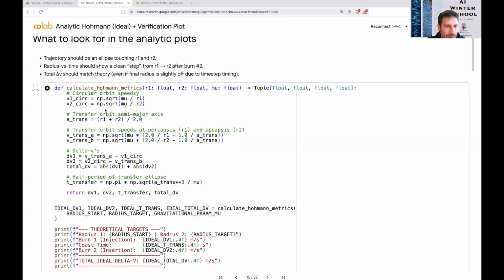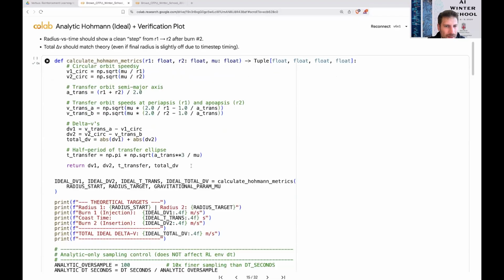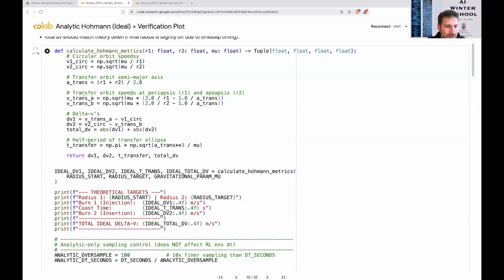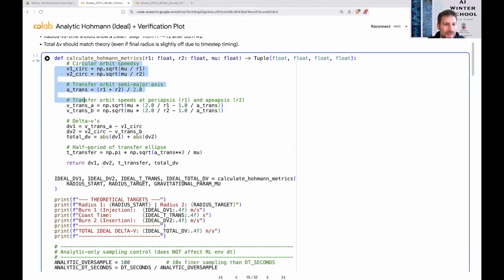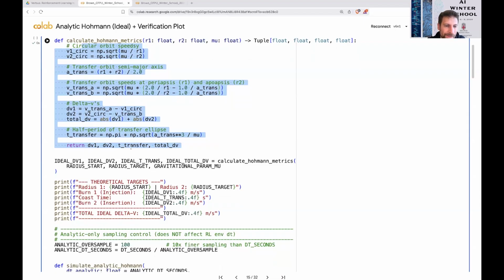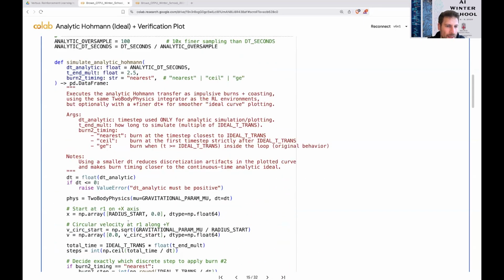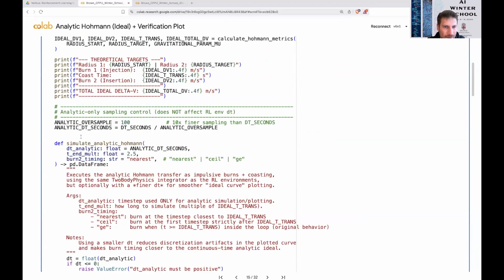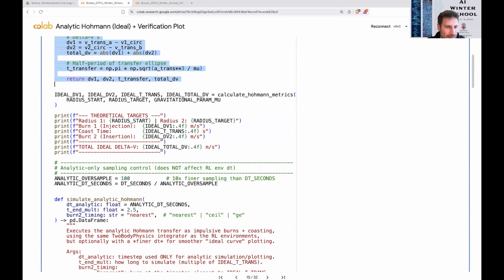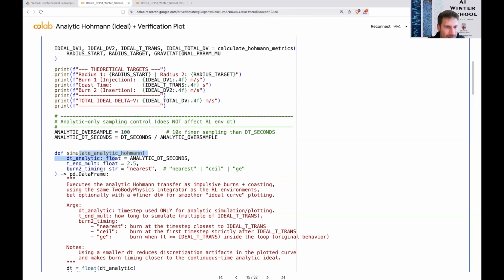The way we do that here is this method uses the analytic solution for knowing when to burn and how big to burn with the Hohmann. And this next method, again not going into a lot of detail, simulates the analytic solution using our physics integrator, and then we make the plots using our plot function.